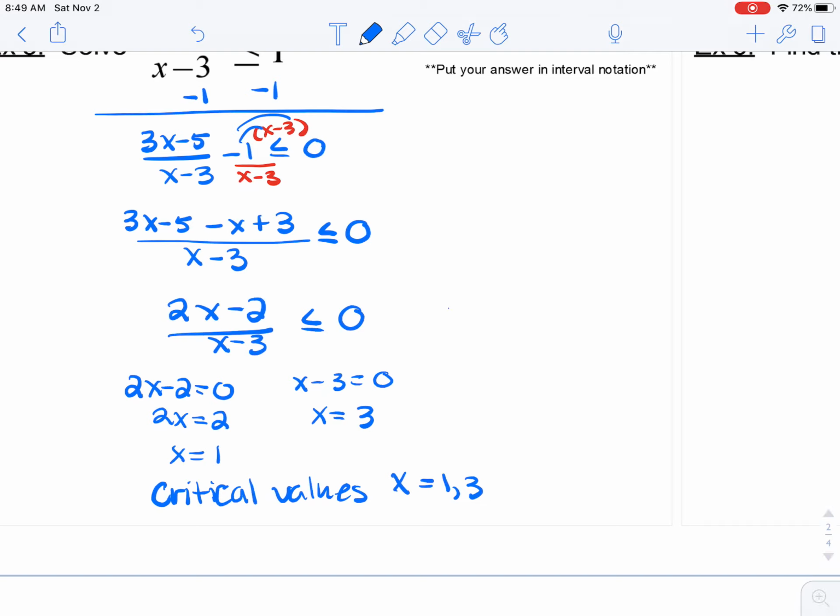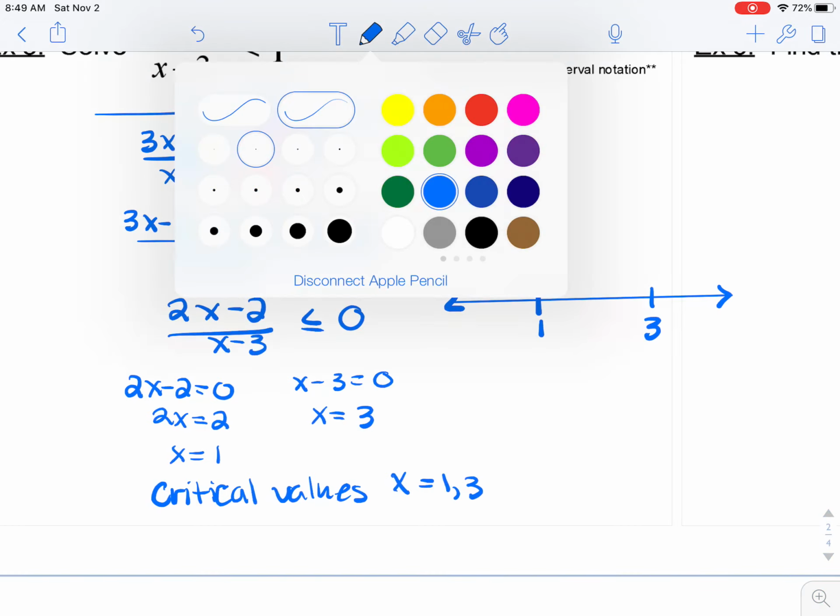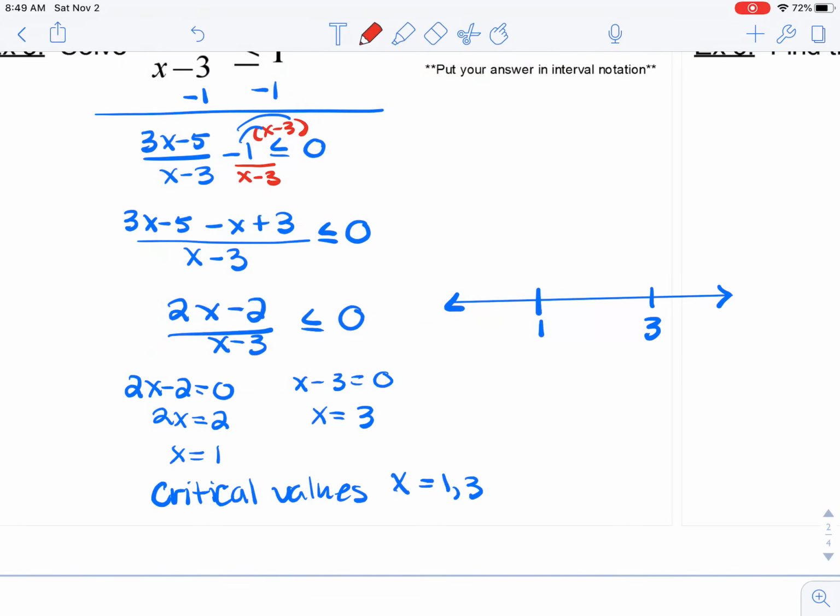So if I put them on the number line, we're just going to plug in some values. To the left of 1, I'll use 0. In between 1 and 3, I'll use 2.